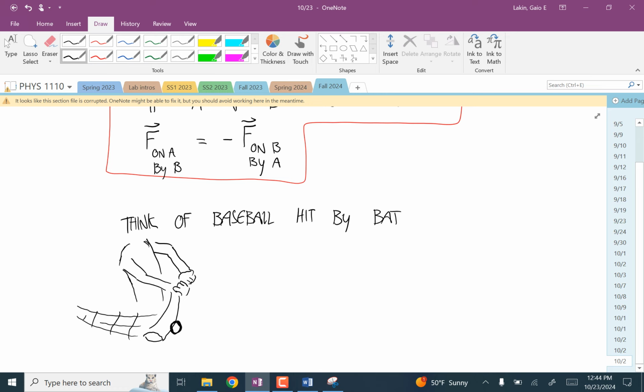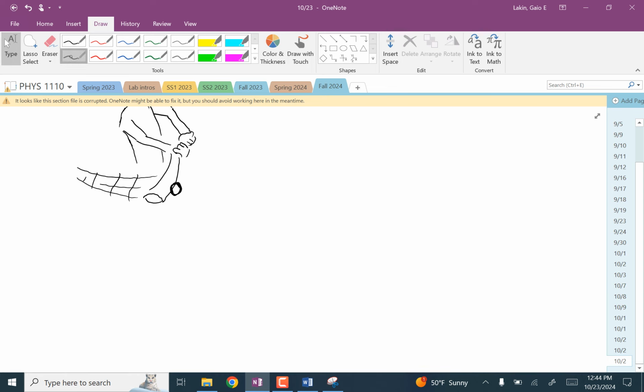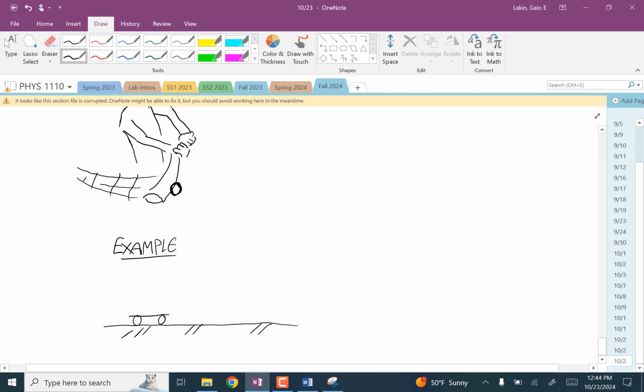what this says is that a lot of times you can figure out the force on one object by another object without actually isolating the object you want. So I'm going to show you an example of that. So let's say we have a horizontal surface. And we have 3 carts.